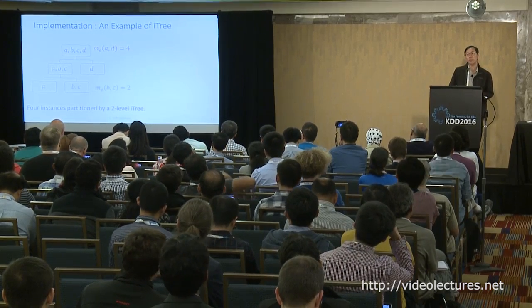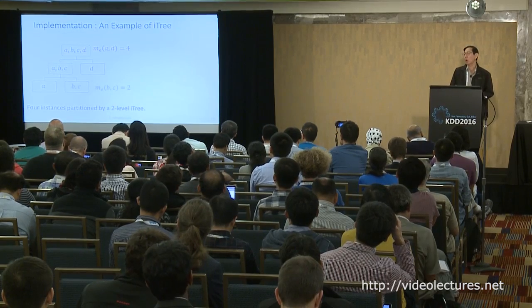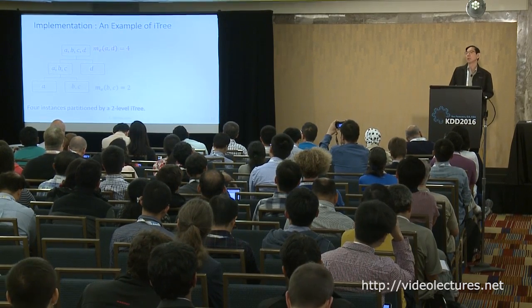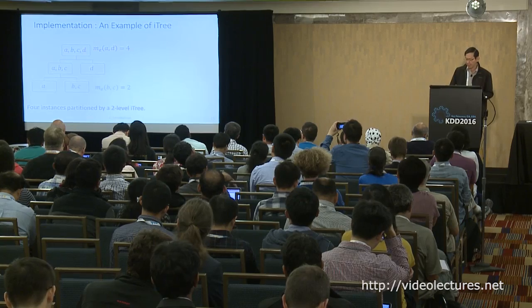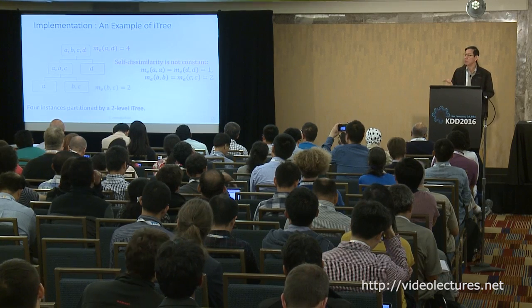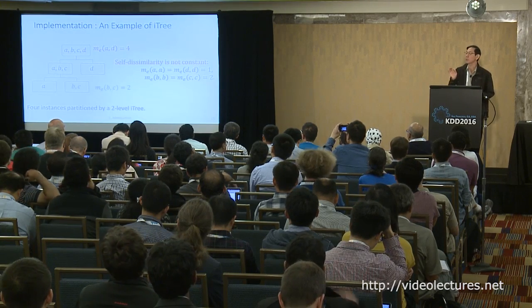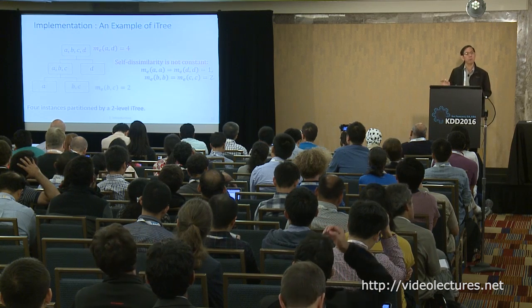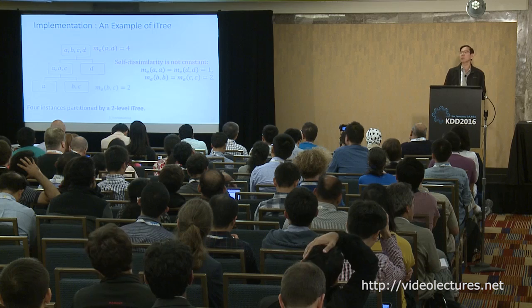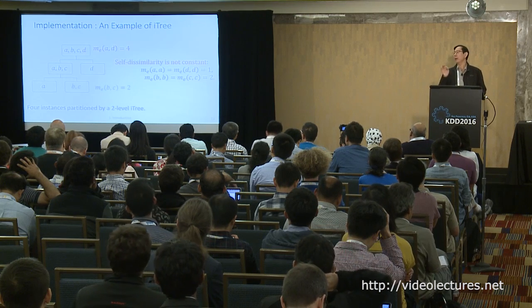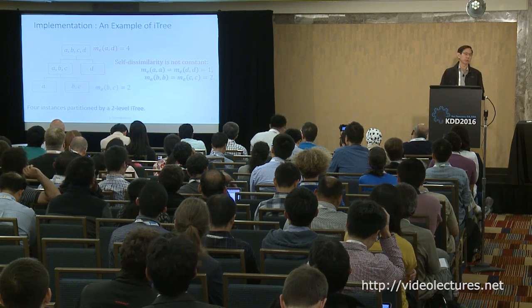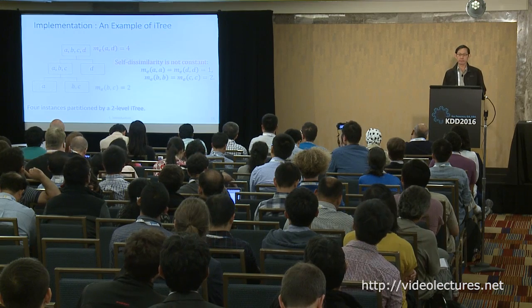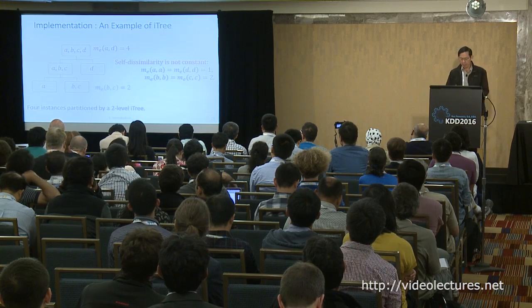And what is interesting, compared with the distance measure or any measure which is a metric, is that the self-dissimilarity is not a constant. So it's different not only from the distance measure, but also from any other metric measure we know.